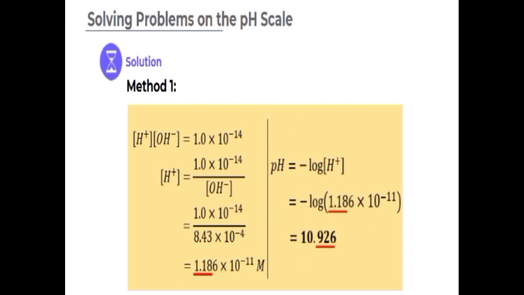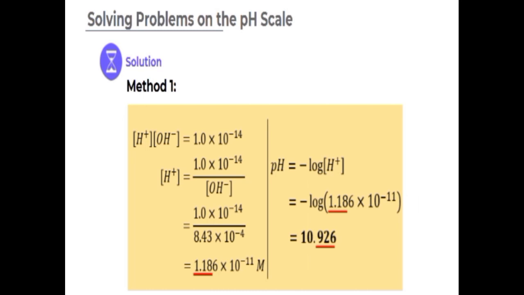The hydrogen ion concentration can be calculated from the ion product constant equation. Substituting the given hydroxide ion concentration, we obtain hydrogen ion concentration equals 1.186 times 10 raised to negative 11 molar. Only the underlined digits are significant. An extra digit is added to avoid rounding off error in the final answer.